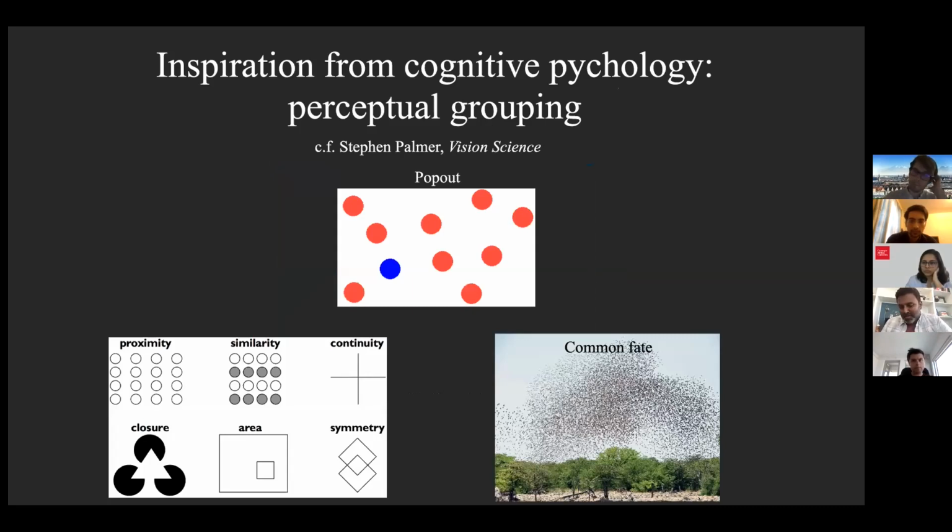Another thing I've been super interested in, in terms of building really good open world trackers, is how we solve this initialization problem. How can we build a generic object detector? What does it mean to build a generic object model? This harkens back to things like perceptual grouping. How do we define what an object is? Well, it's a bunch of pixels that look like each other, that are symmetrical.